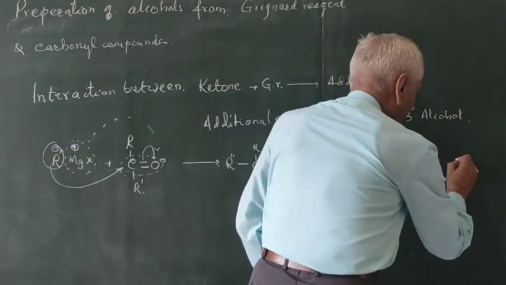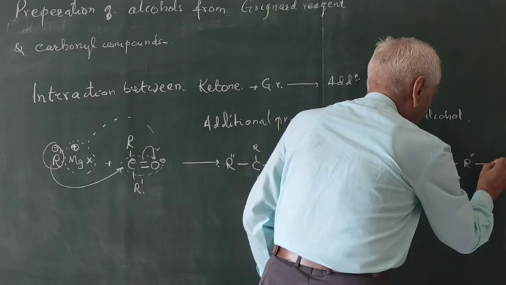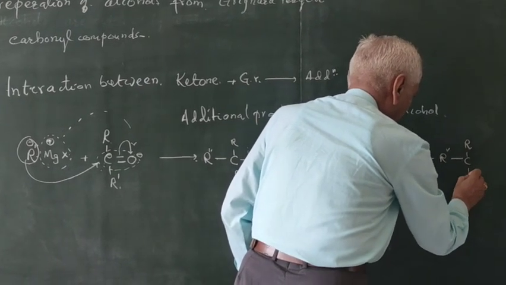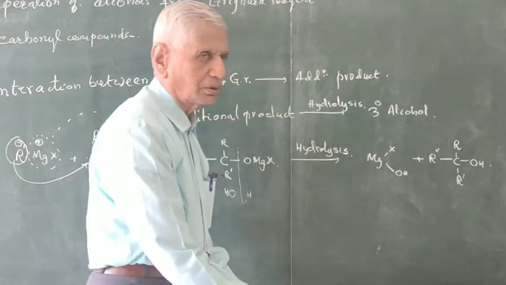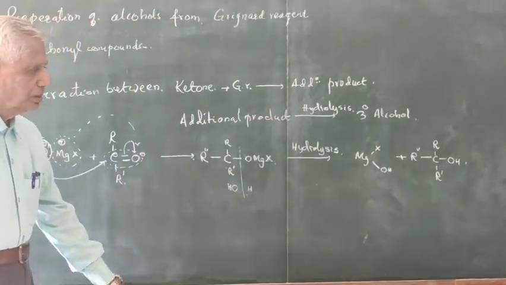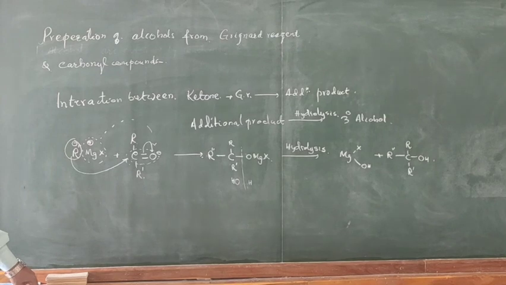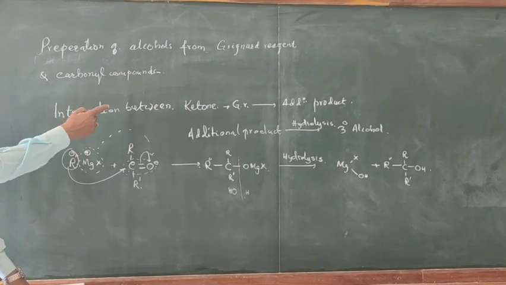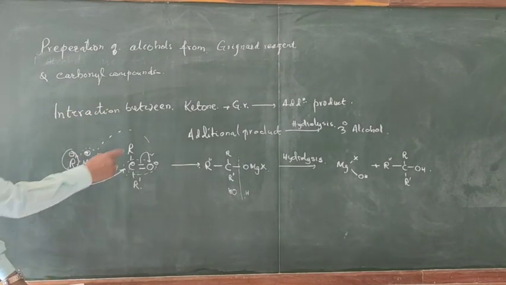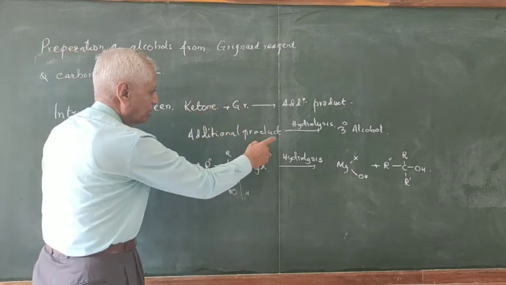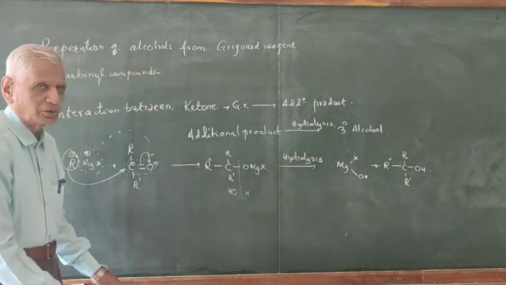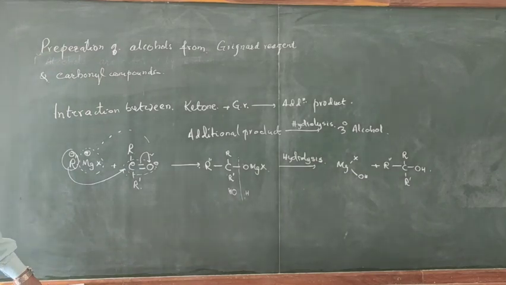Therefore, tertiary alcohol is obtained. So the tertiary alcohol can be obtained by the Grignard's reagent and ketone. So the ketone reacts with Grignard's reagent to give the addition product, and this addition product on hydrolysis will give the alcohol. So that is how the tertiary alcohol is obtained.